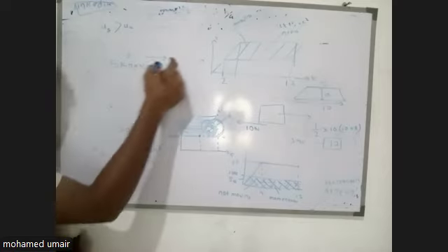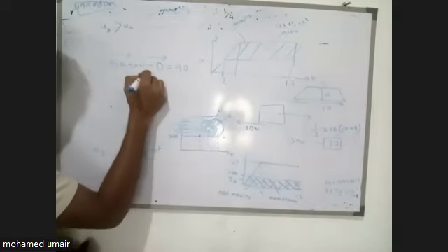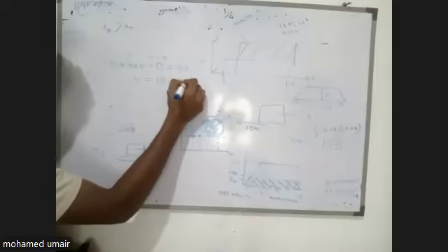5 kilogram into v minus 0 is 90. v will be equal to 18 meters per second. Okay.